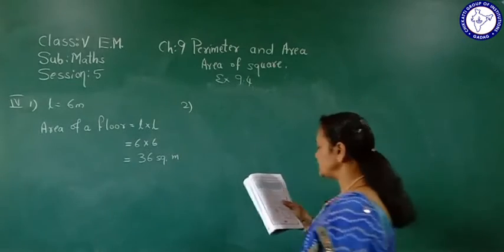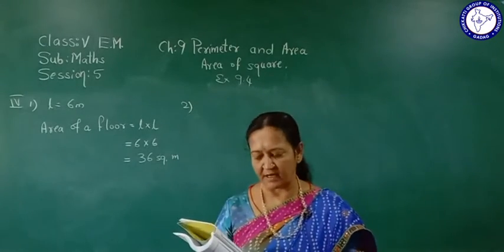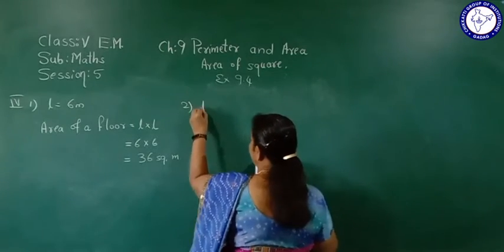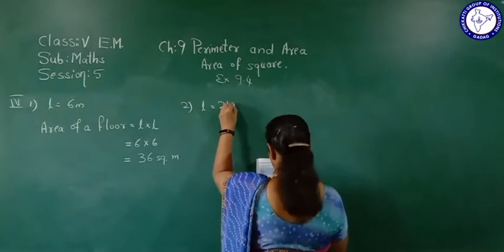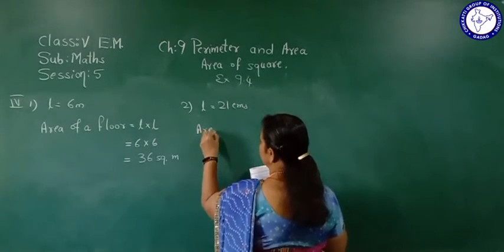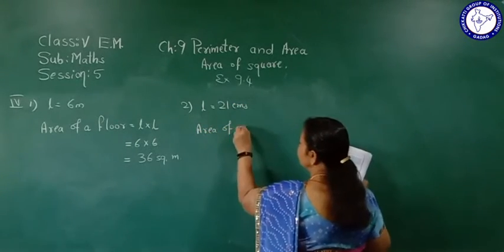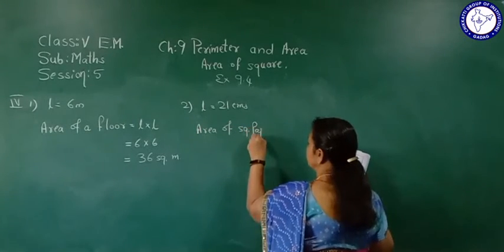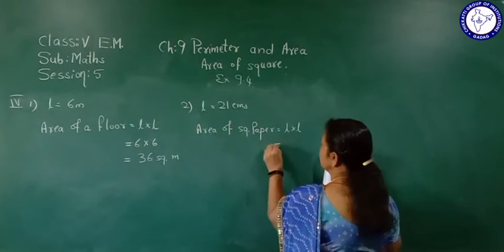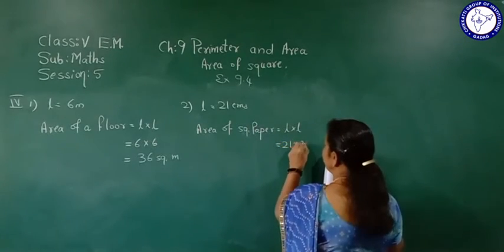Second one. The length of a square paper is 21 centimeter. Then what is its area? Now here the length of the paper is 21 centimeters. Then area of a square paper is length into length. So this is 21 into 21.